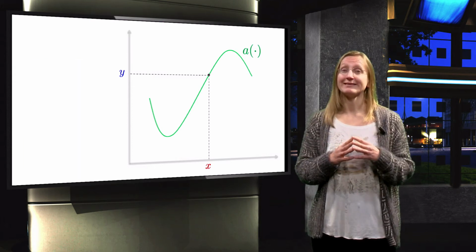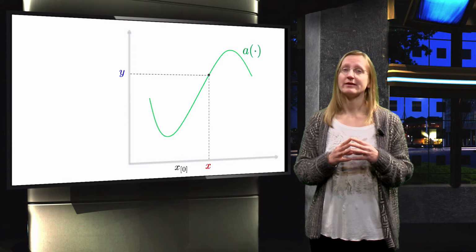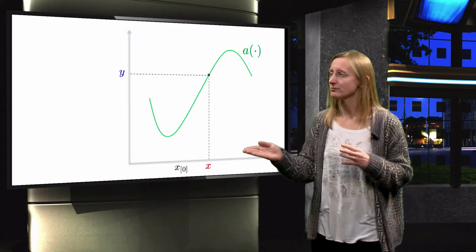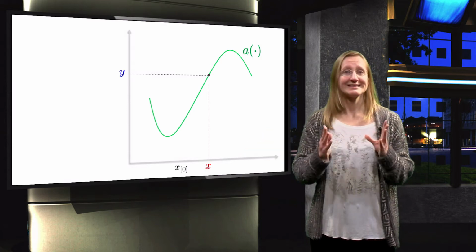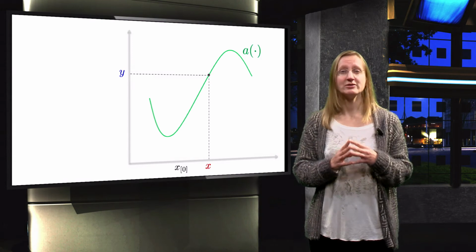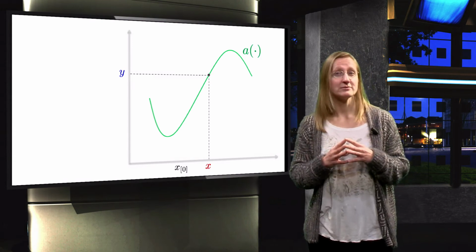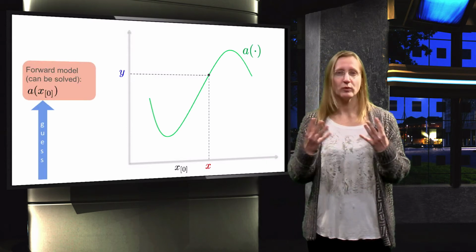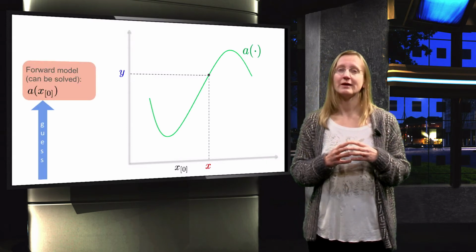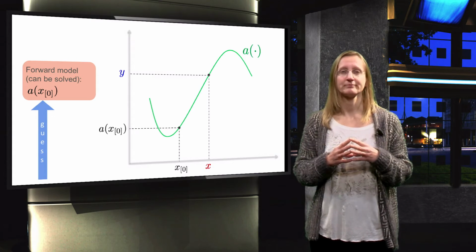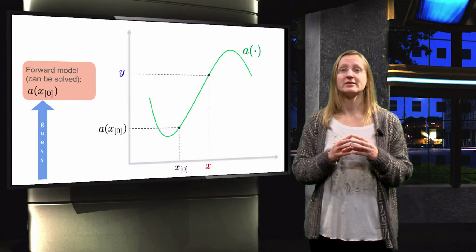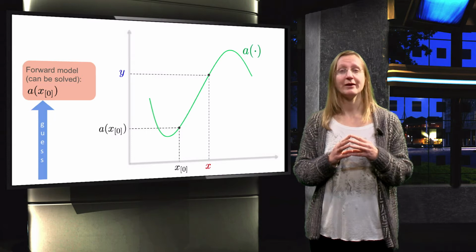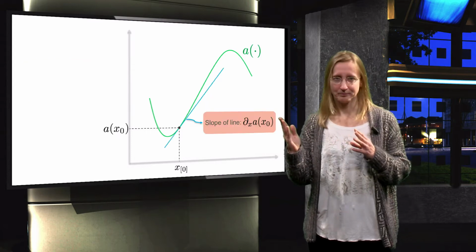First, we will make an initial guess of x, and here our guess is called x0. This guess, x0, can be inserted in the function a, since this is the so-called forward model. In this way, we obtain the function value at x0. It is at this point that we approximate the function a by a linear function as follows.